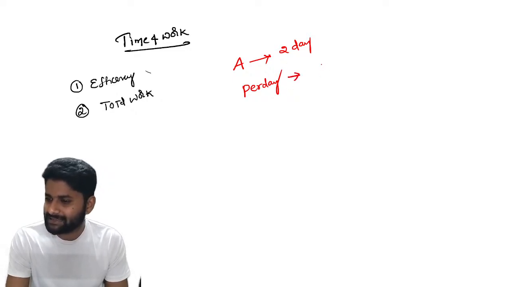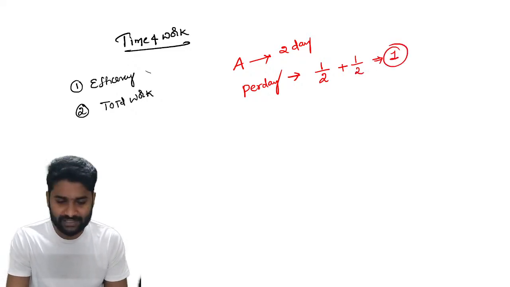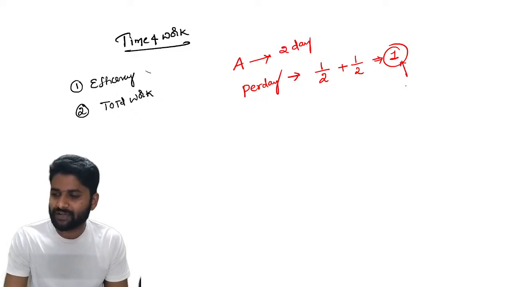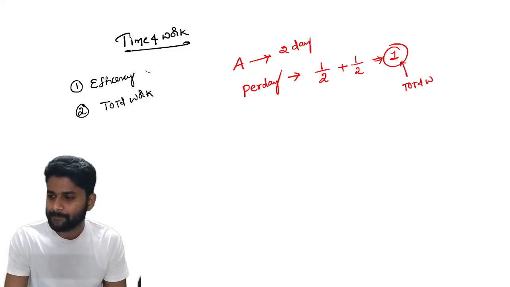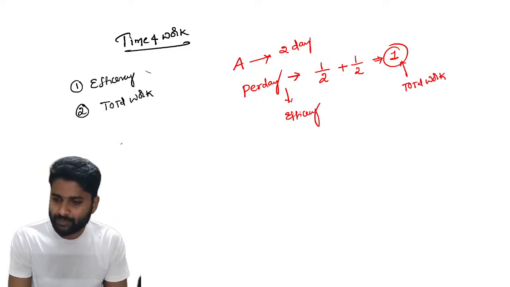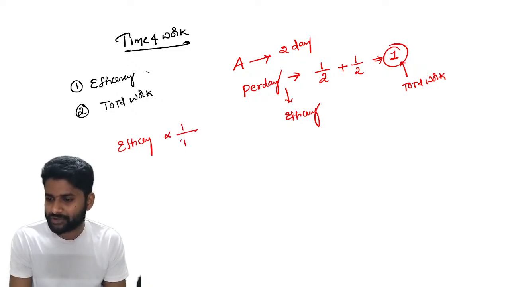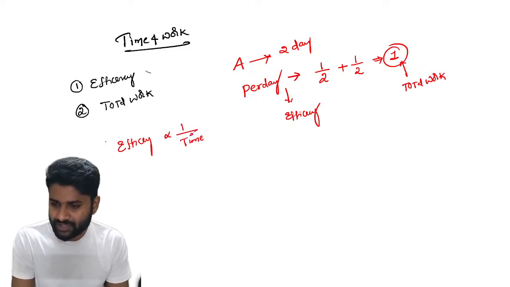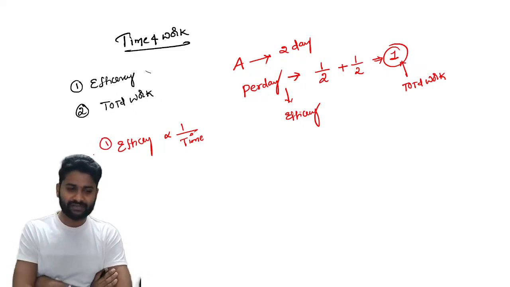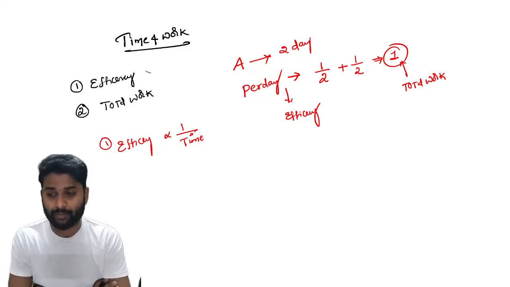So, guys, understand that on the first day he has to finish 1 by 2 of the work, and on the second day he has to finish 1 by 2 of the work, and the whole work is completed. Here you should understand this information: 1 stands for total work, and per day work is all about the efficiency. It means, most important comparison here, efficiency is inversely proportional to the time. Remember, efficiency is always inversely proportional to the time.